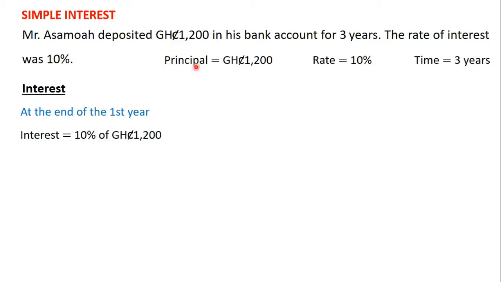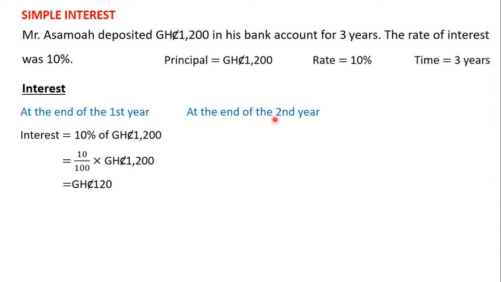His principal or deposit is 1,200 cedis. So at the end of the first year, Mr. Samuel's interest is equal to 10% of 1,200 cedis. And this will give us 10 divided by 100 times 1,200 cedis, which is 120 cedis. So this is his interest at the end of the first year.